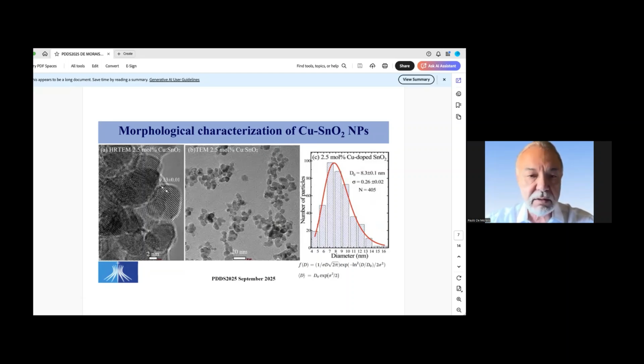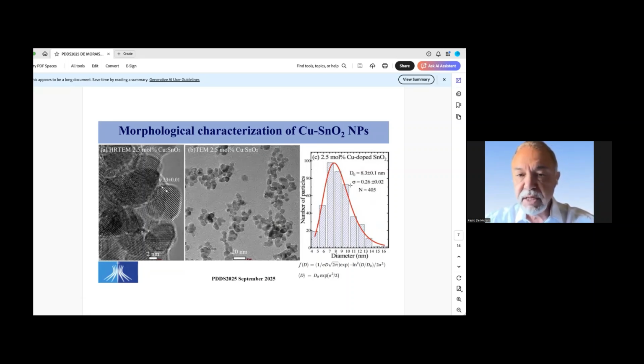In the middle panel, you can extract the particle size distribution. On the right-hand side, you can see the particle size histogram, which are the vertical columns. And this was particularly the sample 2.5 mole percent copper.